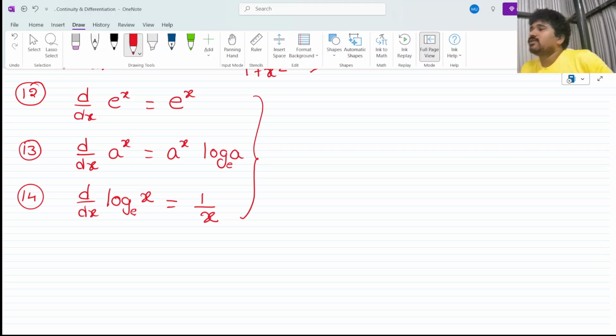Okay. Now, see here. I want to tell some differentiation properties. These formulas are okay, right? Can you read one more time these formulas? e power x differentiation. e power minus x differentiation.